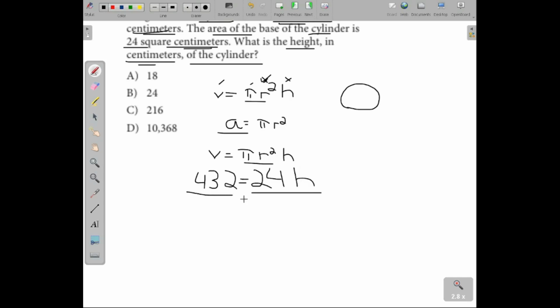Now we can divide the equation by 24 to get rid of this 24. We'll get 1 times h will be h, and 432 divided by 24 is 18.